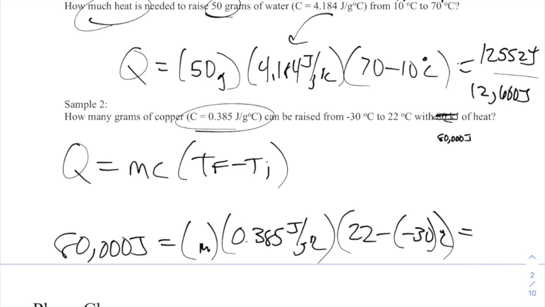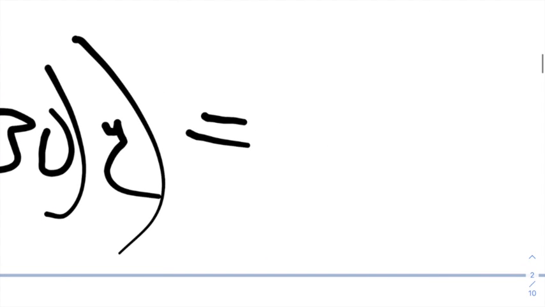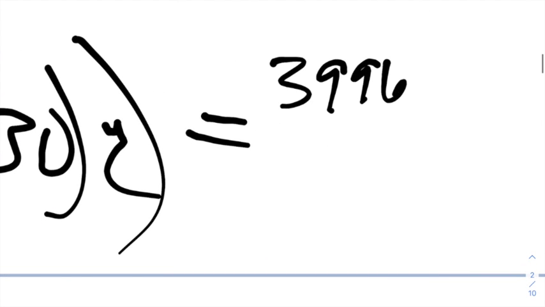So if you do the math on that, 22 and 30 is 52, so then that's 80,000 divided by 0.385 divided by the 52. Looks like I can do about 39.96 grams. Or to 3 significant figures, oh, look at that.